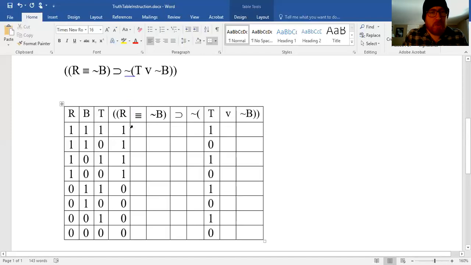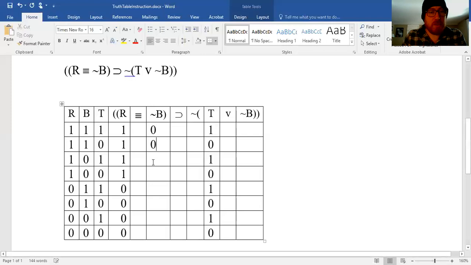Now, so we've got our sentence letters that don't have any tildes here, and we've got 2 instances of B that are negated. Okay, so again, you can fill in the value of B and then fill in the value of the tilde if you want, but I'm just going to fill in the value of the tilde. So if B is true, true, false, false, true, true, false, false, not B is just going to be the opposite.